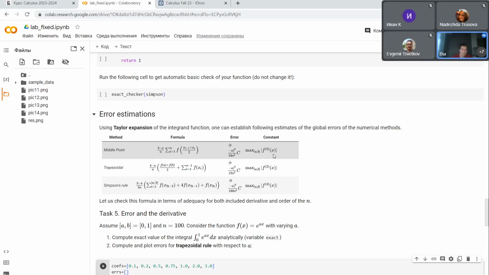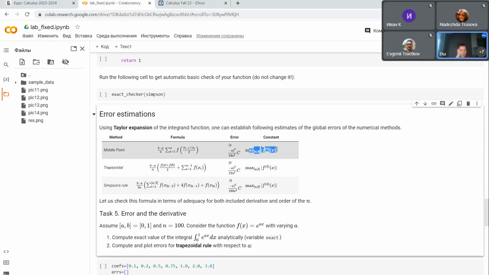Do you understand this formula? It looks a bit strange, but I think you understand b minus a. Do you understand what max over [a, b] of |f''| means? Could you please comment on this max on the interval?